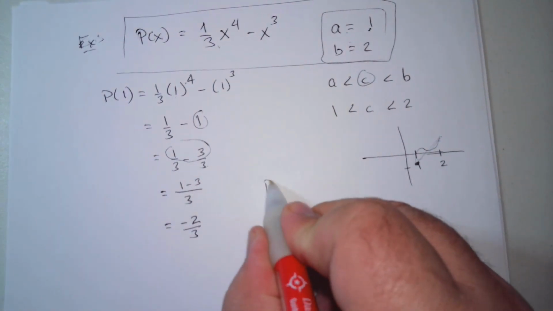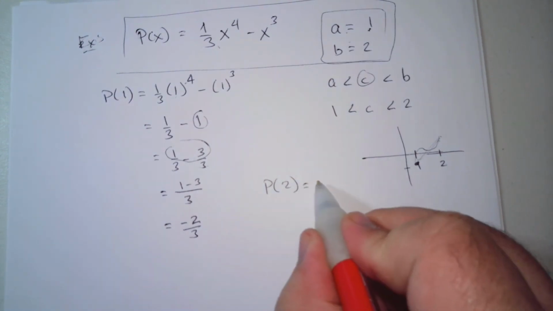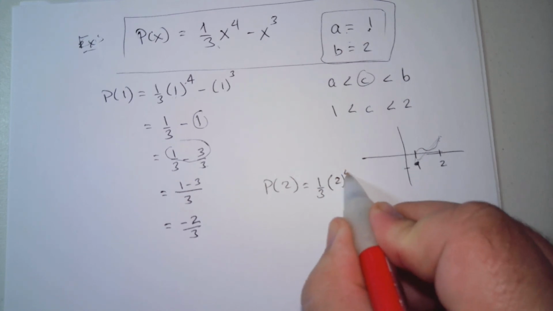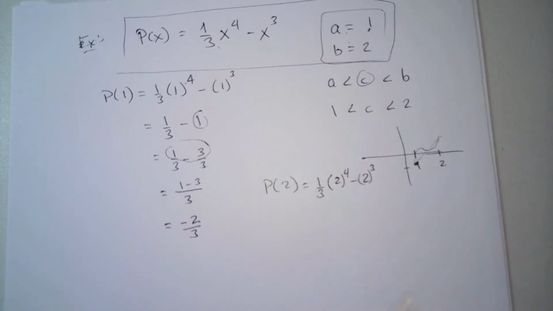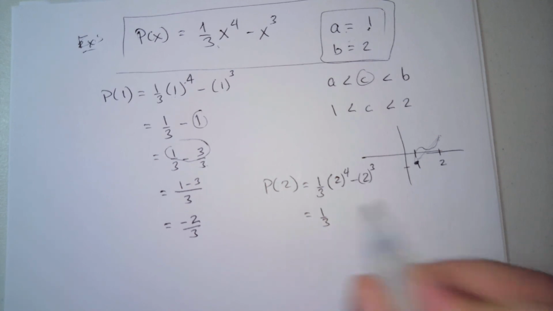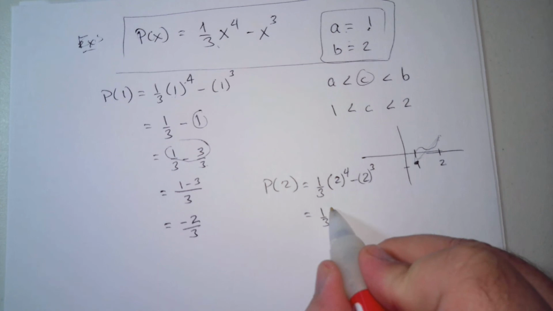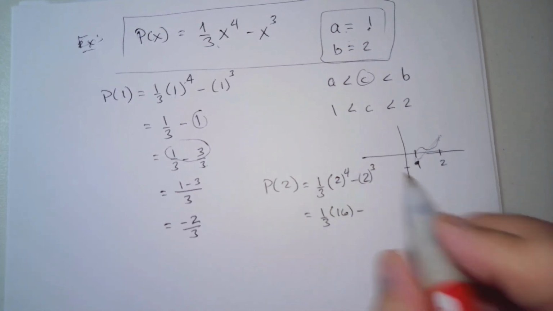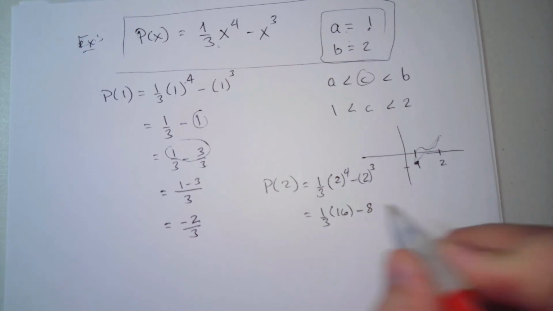So P at 2 equals 1/3 times 2 to the 4th minus 2/3. So 2 to the fourth: 2 times 2 is 4, times 2 is 8, times 2 is 16. 2 to the third: 2 times 2 is 4, 2 times 4 is 8.